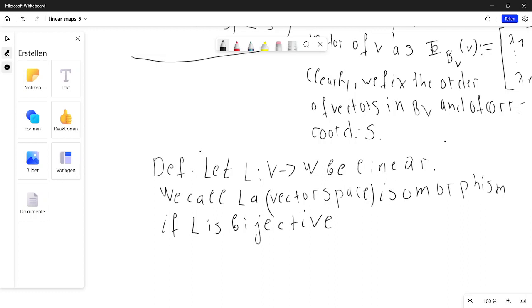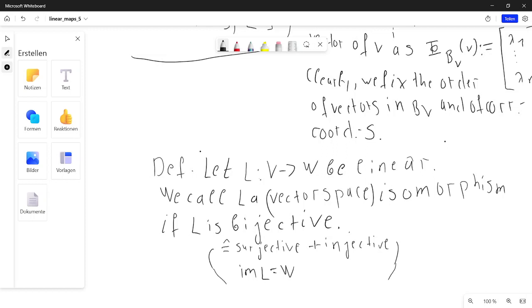Injective we had not long ago, and surjective is just that the image of L is the whole of W, not just a subset of W, but it's the whole W really.